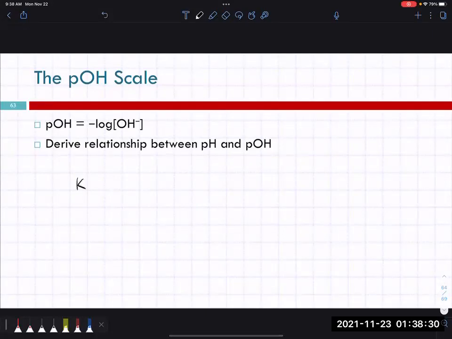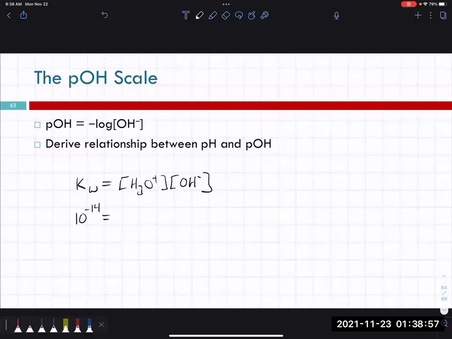So we can say Kw, remember that's our ionization constant for water, or it's an equilibrium constant. That's equal to the concentration of H3O plus and OH minus. So we can actually put numbers to these. For a neutral solution, this is 1 times 10 to the -14.